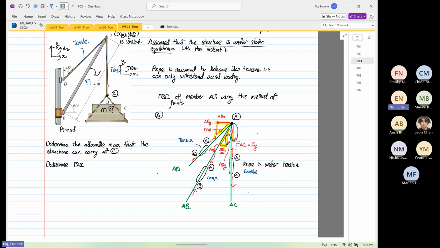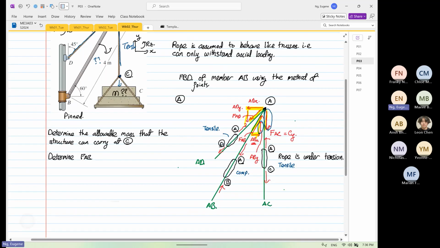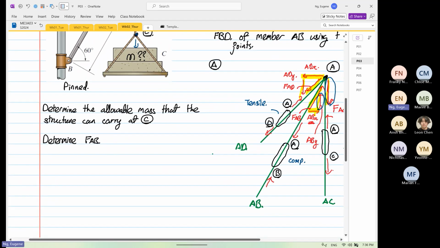I think that's more important for now. Later on, we are going to look at how to check the possibility of the structure buckling along AB, or along the XY plane and along the YZ plane. That will affect your equivalent length. So for now, we are going to determine our FAB.